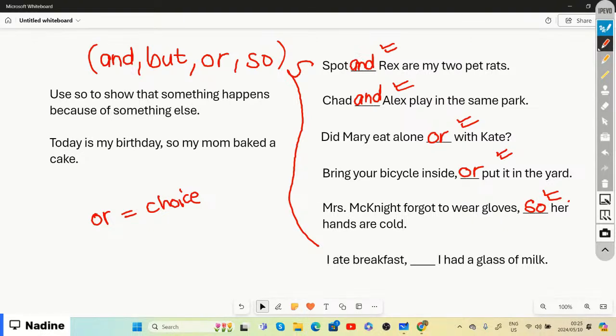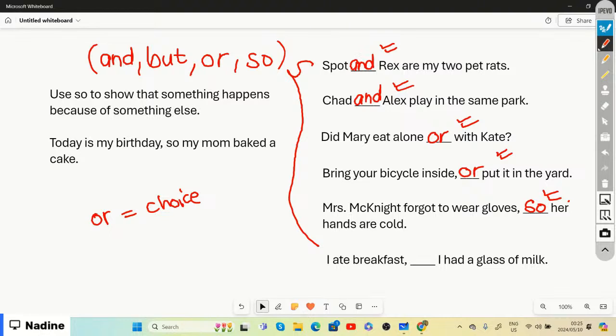I ate breakfast. I had a glass of milk. This is two stuff that is going together. So do we say I ate breakfast and I had a glass of milk? I ate breakfast, but I had a glass of milk. I ate breakfast or I had a glass of milk. Or do we say I ate breakfast, so I had a glass of milk?